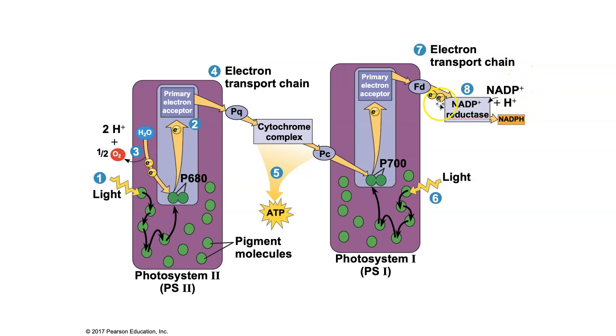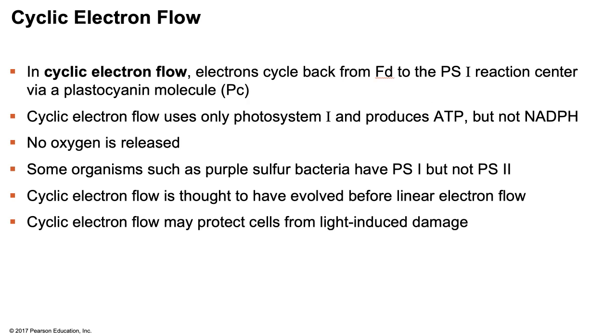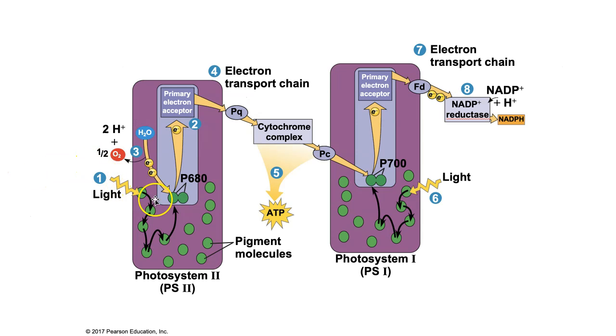It gains 2 electrons via NADP plus reductase and a proton here as well, and we create NADPH. This is an electron carrier which is carrying 2 electrons, and we'll see later on where that goes, because we're going to make more organic molecules. So that was linear flow, right? Linear is in a line. We have a beginning.